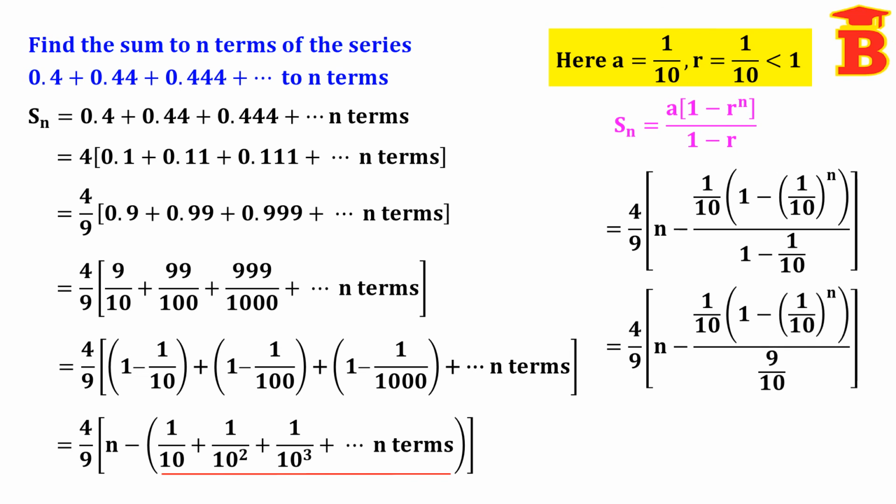Next step, 4 by 9 into n minus, this numerator is the same, this denominator take LCM, we get 9 by 10. Now we can cancel denominator number 10 and 10 and so we get the final answer 4 by 9 into n minus 1 by 9 into 1 minus 1 by 10 whole power n.